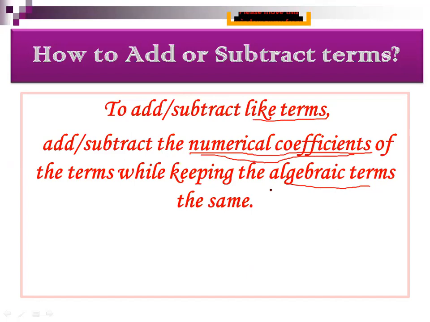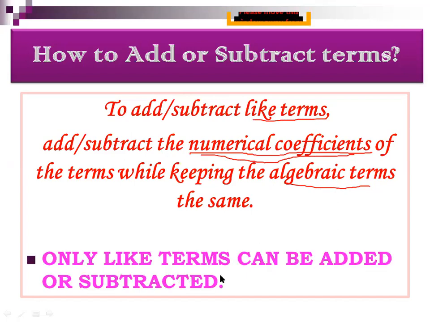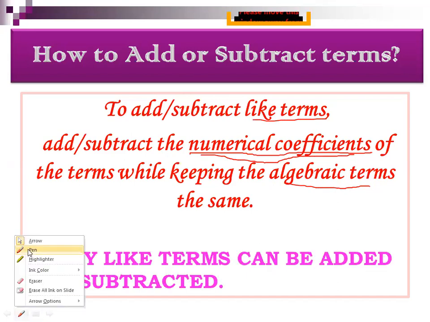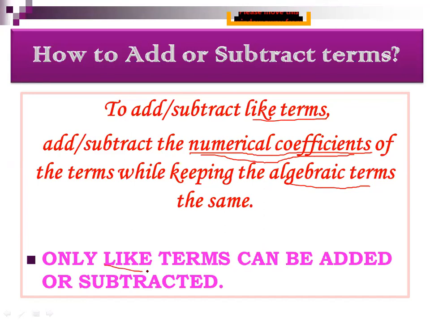Now, only like terms can be added or subtracted. Please keep it in your mind that only like terms can be added or subtracted. I'm going to explain this in the next slide.